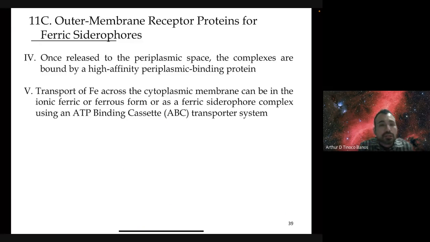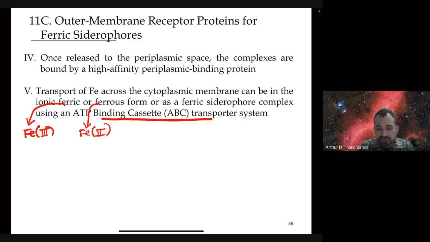Once released to the periplasmic space, the iron siderophore complexes are bound by a high affinity periplasmic protein. Transport of iron across the cytoplasmic membrane can be in the ionic ferric or ferrous form. Ferric implies iron 3+, ferrous implies iron 2+, so either form, or as a ferric siderophore complex using what is known as an ATP binding cassette transporter system.